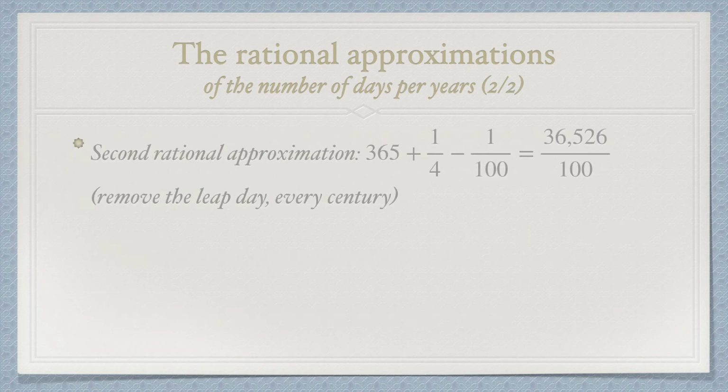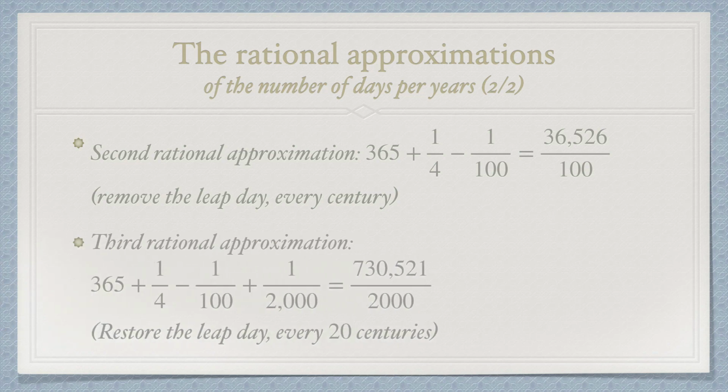The second rational approximation is 365 plus 1/4 minus 1 over 100, that is 36,526 over 100 as a fraction. It is to remove the leap day every century.